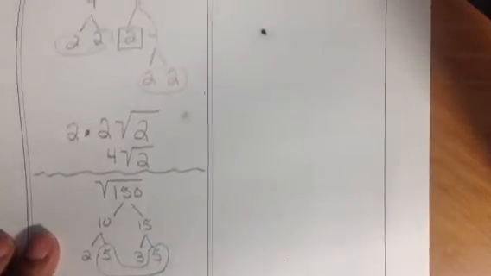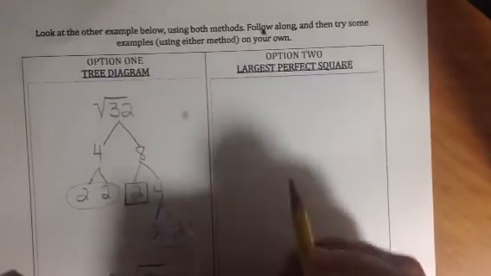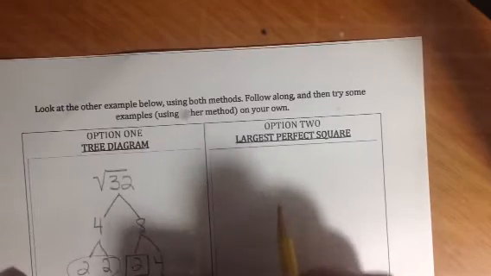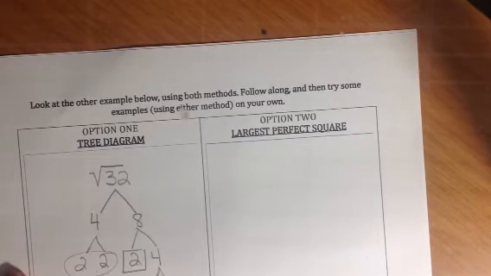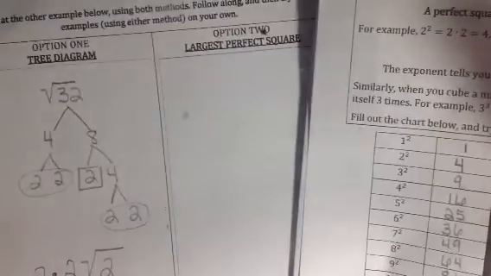Let's look at radical 150. I'll put it down here so it's closer. And I'm going to break this up. You know what, let's make life easy. I'm going to show those perfect squares again, if you can see.